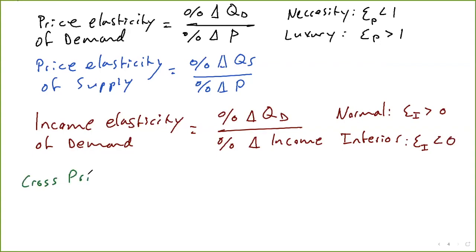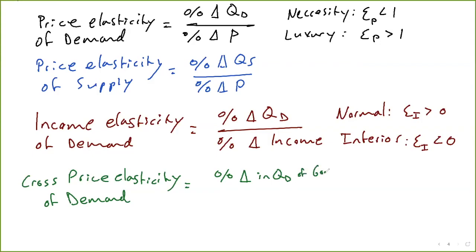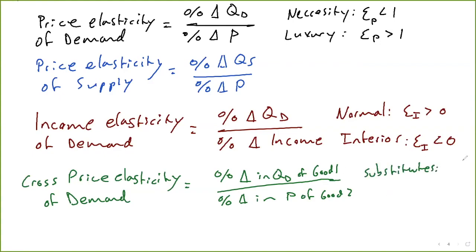Then finally, we have cross price elasticity of demand, which is a percentage change in quantity demanded of one good with respect to a percentage change in the price of a different good. And if those two goods are substitutes, the cross price elasticity will be positive, and if they are complements, the cross price elasticity will be negative. So that is it for all the material on elasticities.